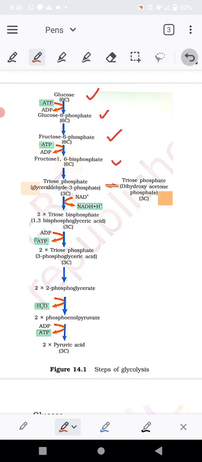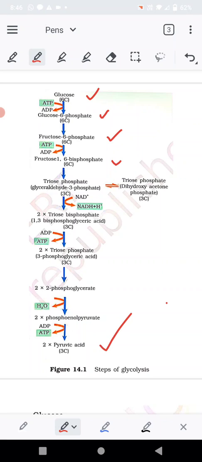One more thing, in the complete glycolysis there are many enzymes involved. Each step is catalyzed by a particular enzyme, and in these steps we finally get pyruvic acid.